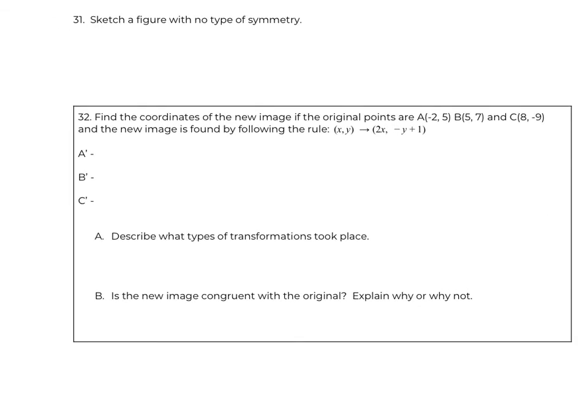Right, 32. Find the coordinates of the new image if the original points are A, B, C, and the new image is found by the rule (x, y) goes to (2x, negative y plus 1). Alright, so if you are finding the new, then you just plug into the mapping rule.